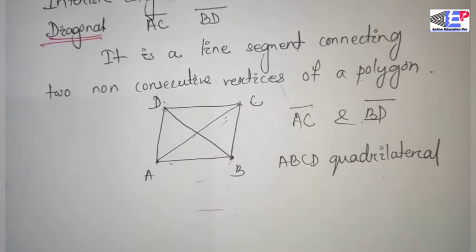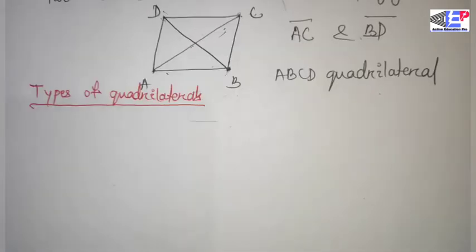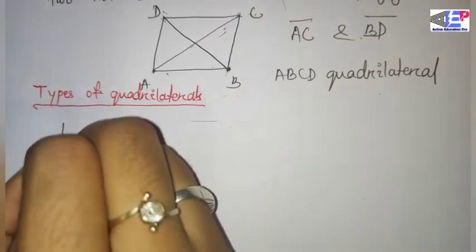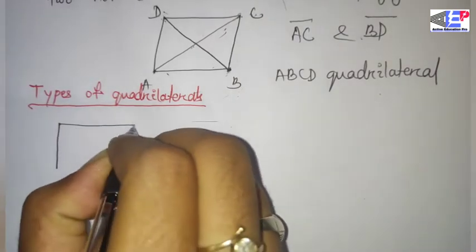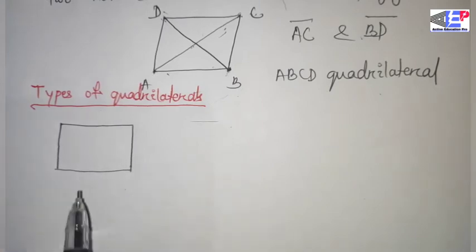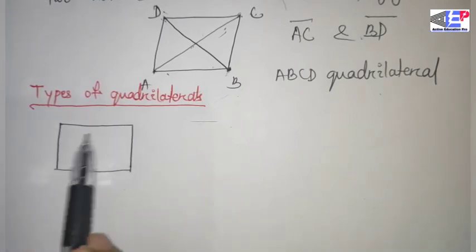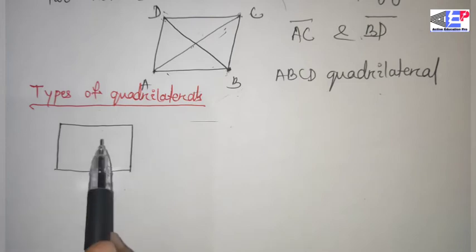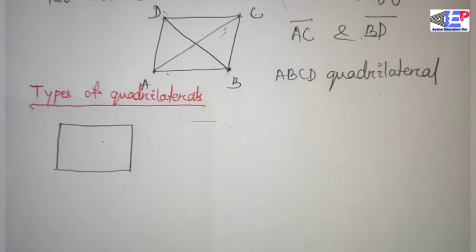Okay, then next come to types of quadrilaterals. Look at this picture. This picture consists of 4 sides, so yes, it is a quadrilateral. But in this quadrilateral, the opposite sides are equal in length and parallel.